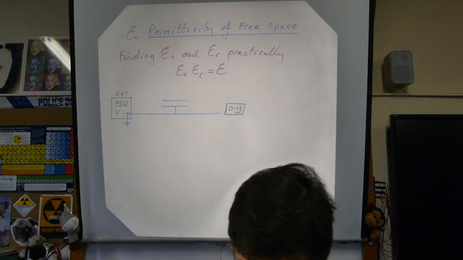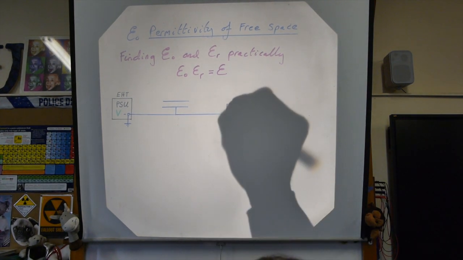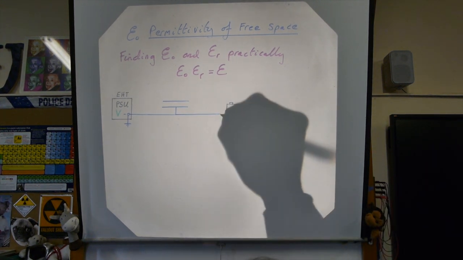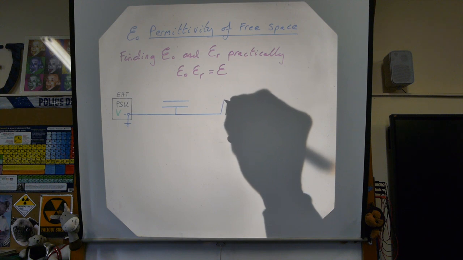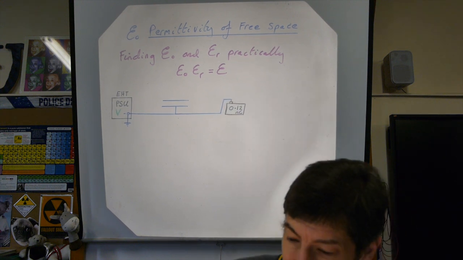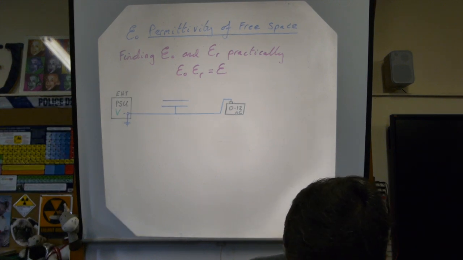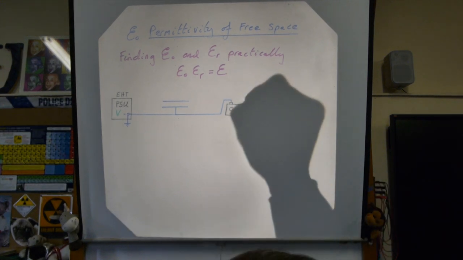And it has two connections. It has a connection on top that we can connect one side of the capacitor to, okay, and that's typically the grounded side. And then it also has a little connection here which we can connect the positive to.